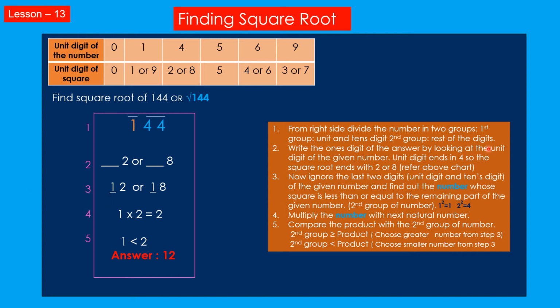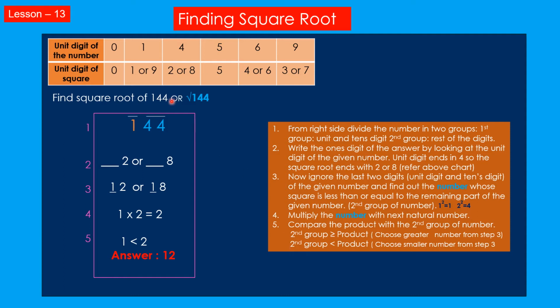Now we have to decide whether your answer is 12 or 18. So you multiply 1 with 2, you get the product 2. You compare 2 with the second group of number. If the second group of number is less than the product, you choose the smaller number out of these two. Here our product is 2, which is more than 1, the second group of number.